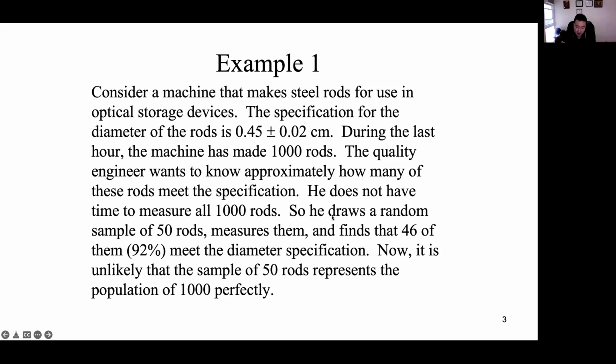It is unlikely that the sample of 50 rods will perfectly represent the whole population, which is the 1,000 rods in this example, but it will be pretty close to 92%.